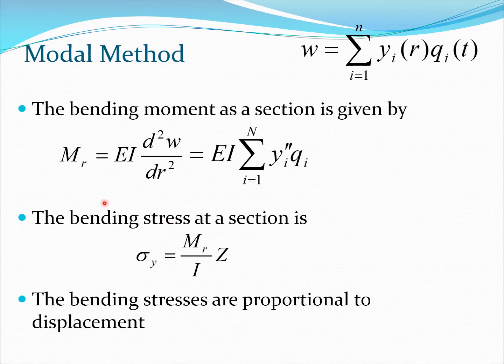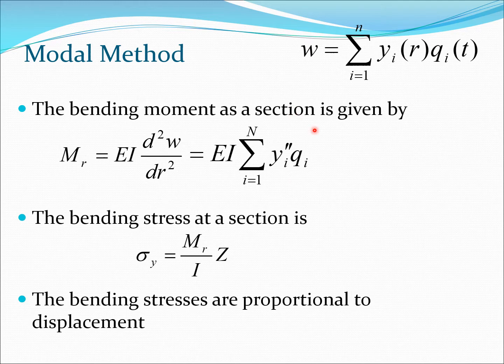So we resort to our well-known formula. Now the bending moment at a section is given by M(r) is EI into the second derivative of w. And what we do is we take this expression here and we plug in our expression for w in terms of the summation here. So you can clearly see that the second derivative of the function y is taken here.